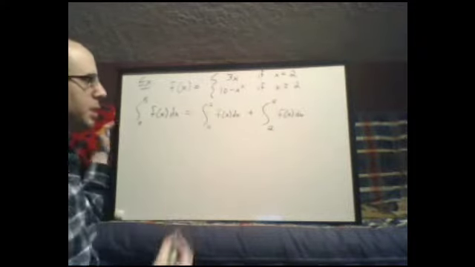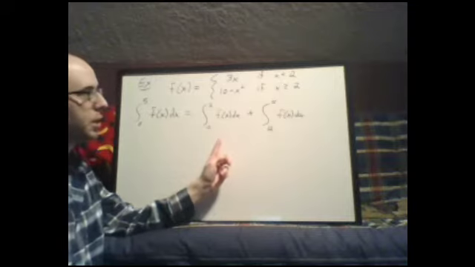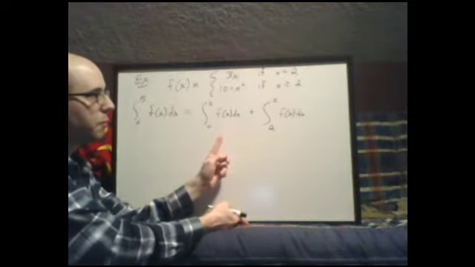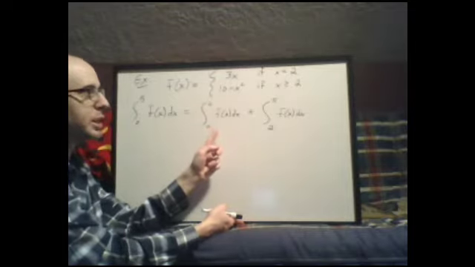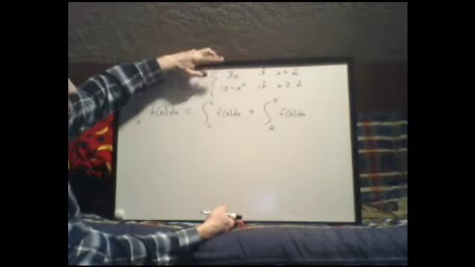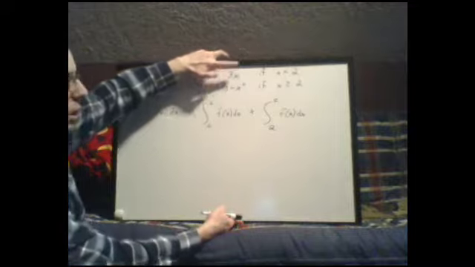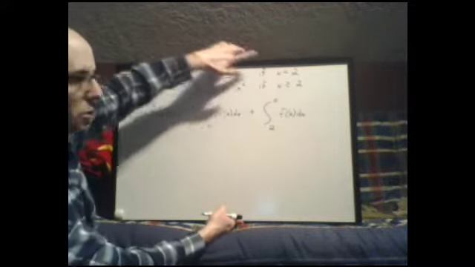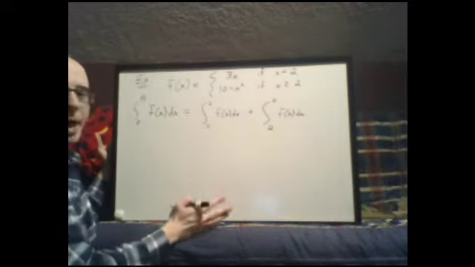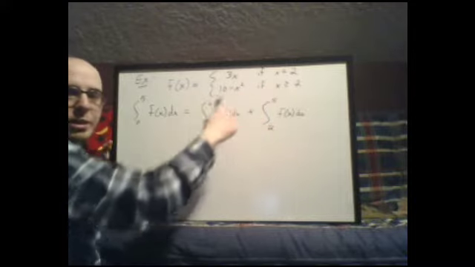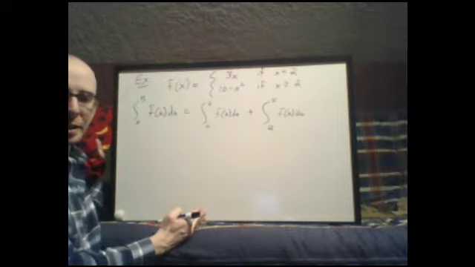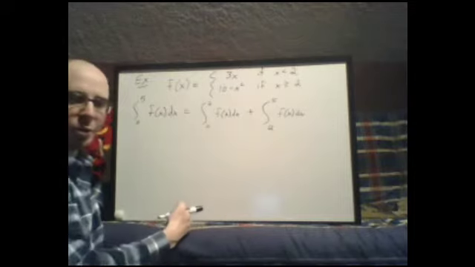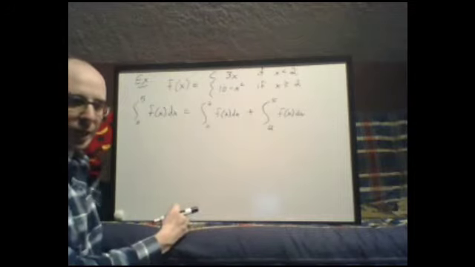Now the first integral is applicable for every x value between 0 and 2. Between 0 and 2, we're using the formula 3x, because that's applicable whenever x is less than 2. It doesn't matter that at 2 you actually switch. Integrals don't care what happens at a single point. Just like with limits, if you change the value at one point, it doesn't affect the area.